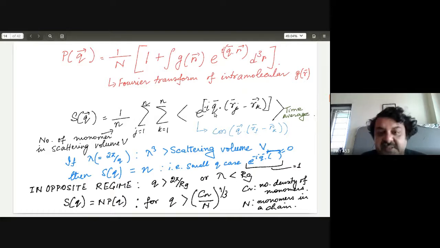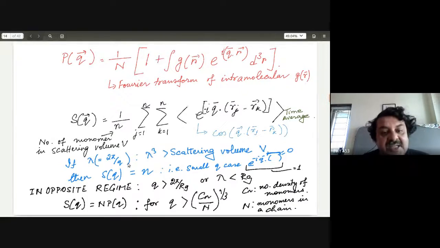Because q is then extremely small, lambda is very large, and q dot (rj minus rk) is a small quantity, because the scattering volume is much smaller than the wavelength. This is basically equal to 0. Then e to the power 0 is equal to 1, and you have a double summation, so that goes as proportional to n. S of q is proportional to the number of scatterers in the scattering volume.